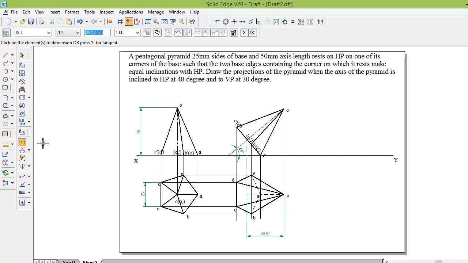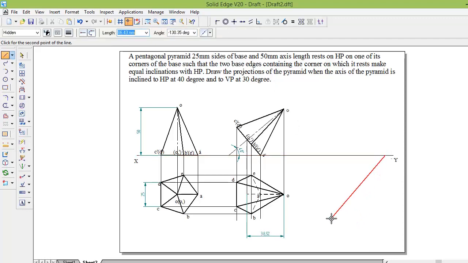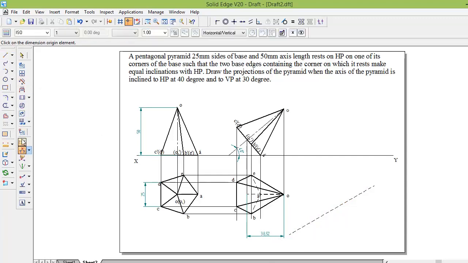The next thing is a 30-degree line I have to draw. So from here I will draw 30-degree. Okay, can measure the angle here.